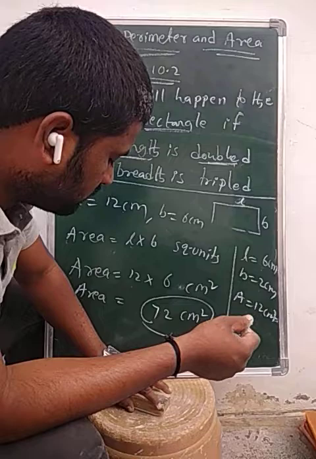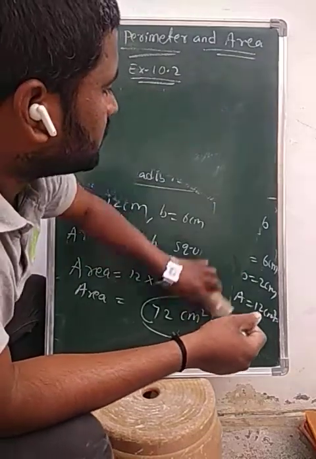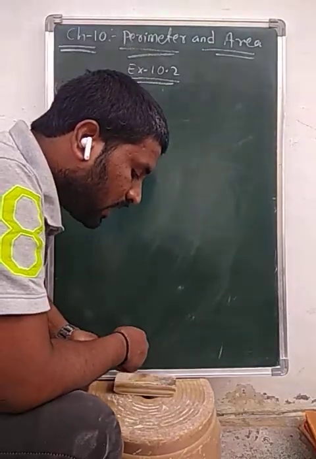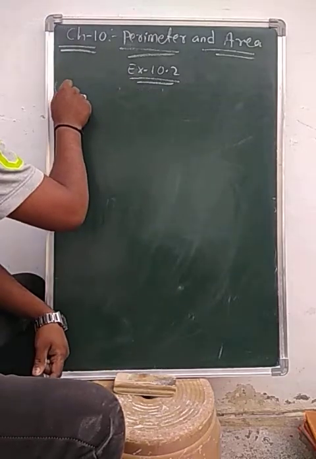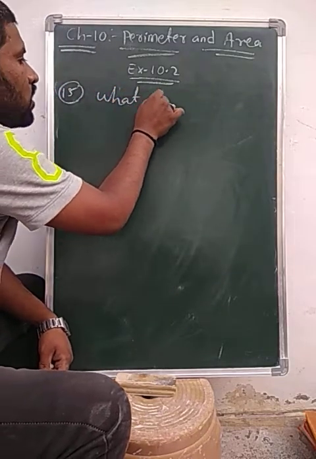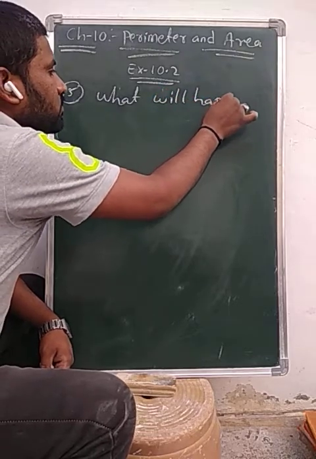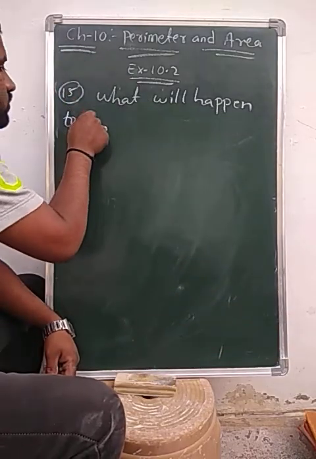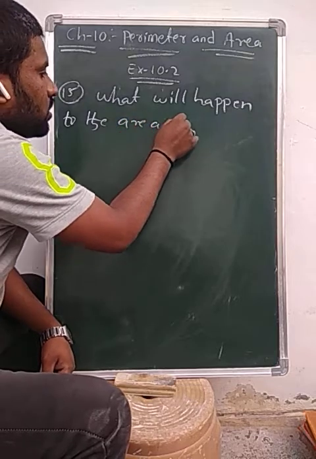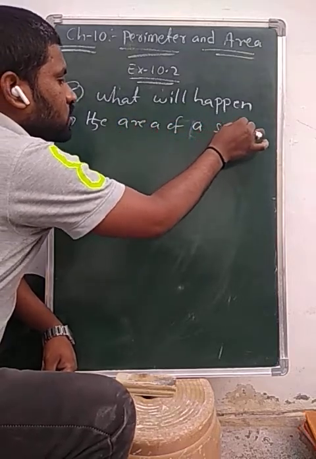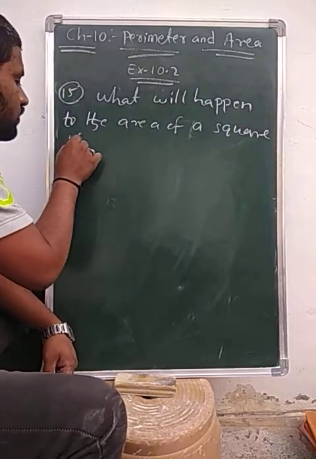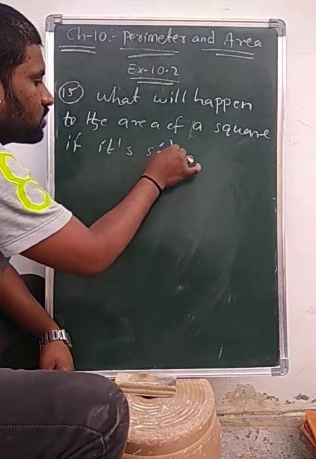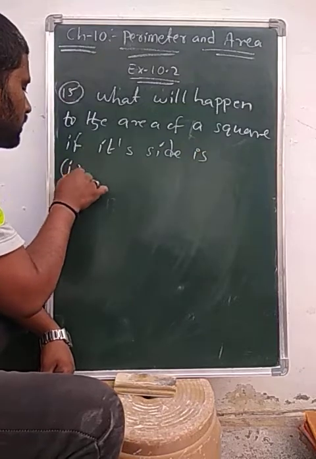Now see the next question, 15th one. What will happen to the area of a square if its side is doubled?